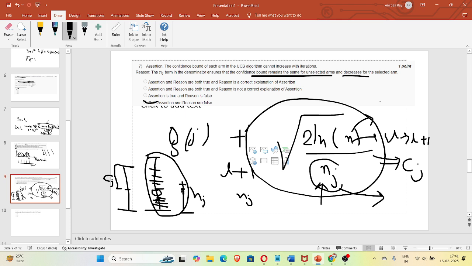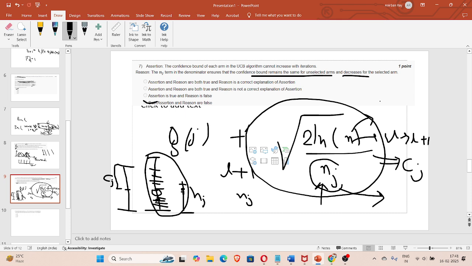If I take n too large, then definitely the logarithmic value of n will be too large. In this way, how will this square root term get decreased at every step, so that the uncertainty will be reduced?